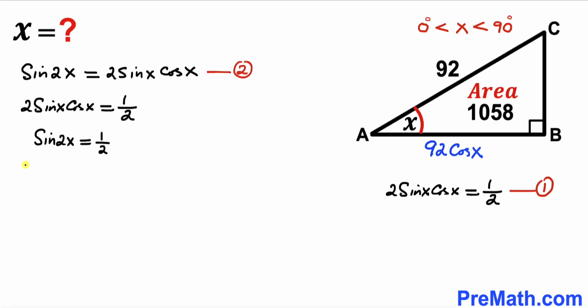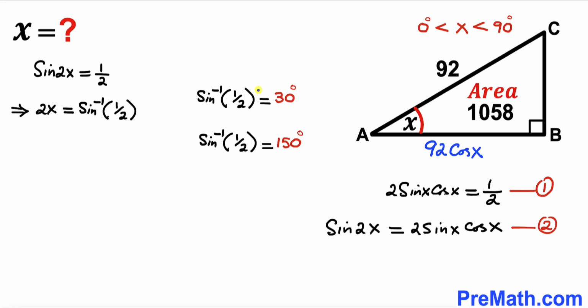So this could be written as angle 2x equals sine inverse of 1 divided by 2, where we can see that sine inverse of 1 divided by 2 can take two values. One value is 30 degrees and the other possible value is 150 degrees as well.